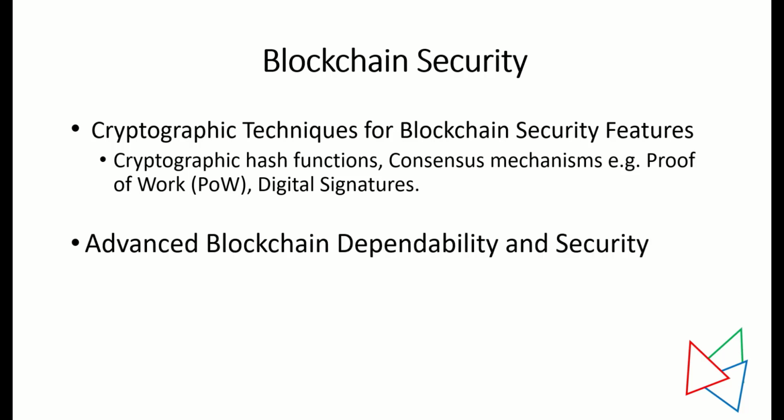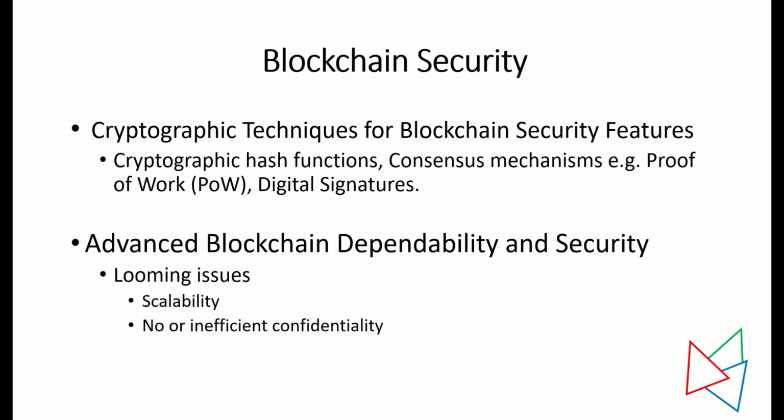When we talk about advanced blockchain dependability and security, we are looking at the larger picture: how scalable these systems are. So far it's been proven that the scope for scalability isn't as much as it's suspected to be at this point in time using these security systems. We also talk about the inefficiency of the confidentiality systems they have in place.